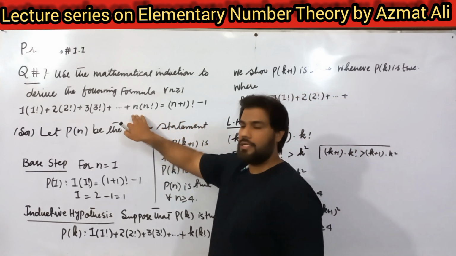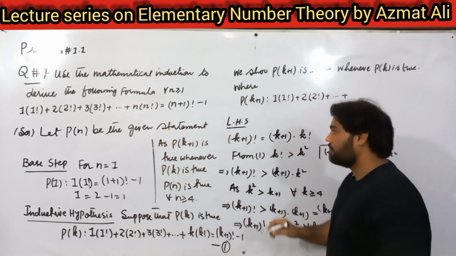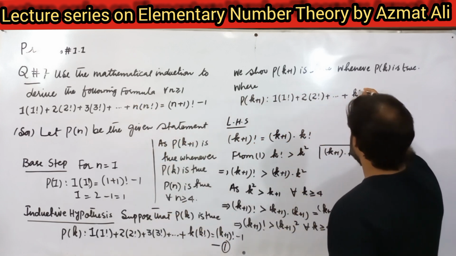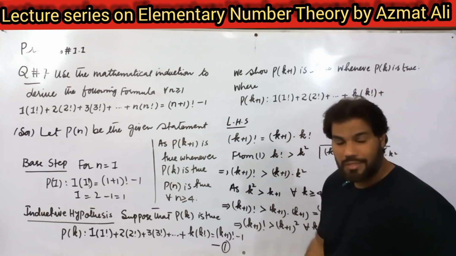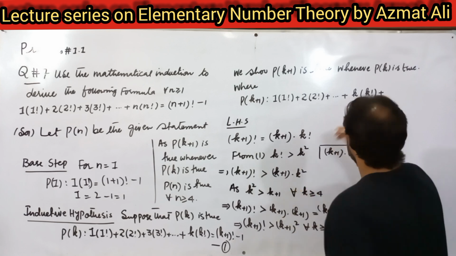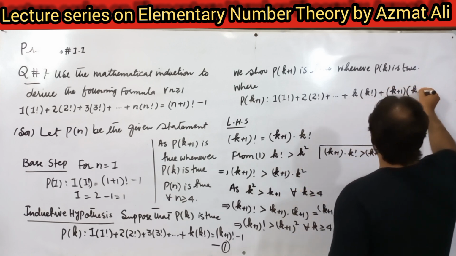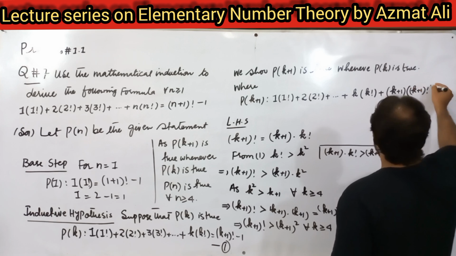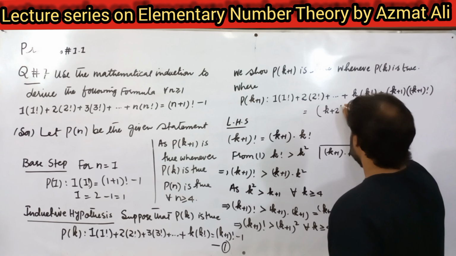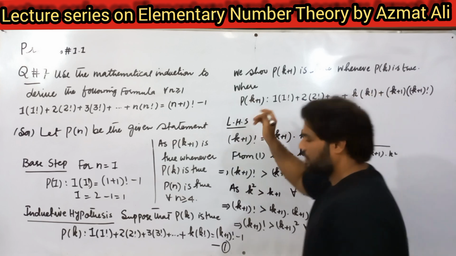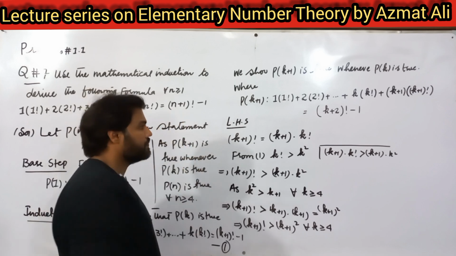If we replace n with k plus 1, we write the second last term, that is for n is equal to k, we have k into k factorial, and now I write the last term for n is equal to k plus 1. This is (k plus 1) into (k plus 1) factorial. This should be equal to (k plus 2) whole factorial minus 1. The right side you can obtain just by putting n is equal to k plus 1 in the formula.